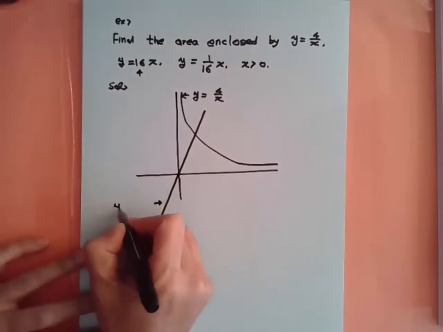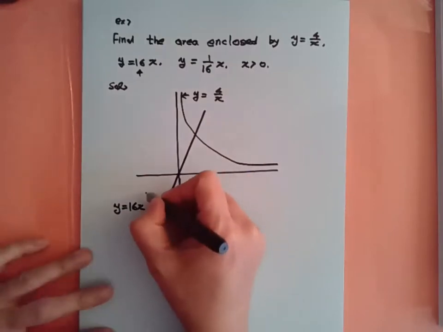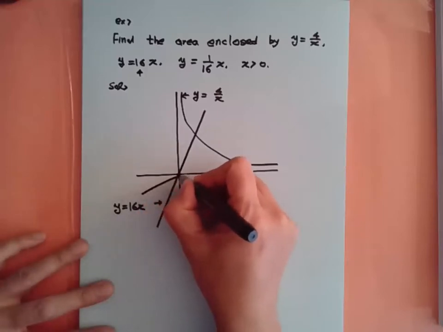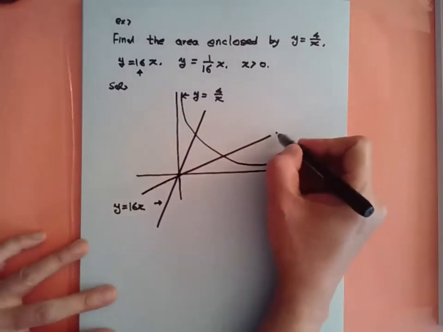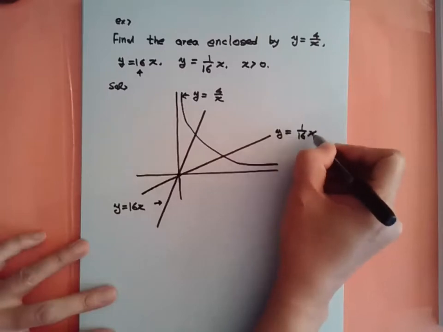That is y equals 16x. The other graph will be like this, which is slow growing. So y equals 1 over 16x.